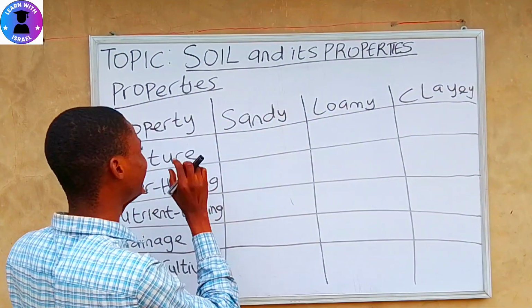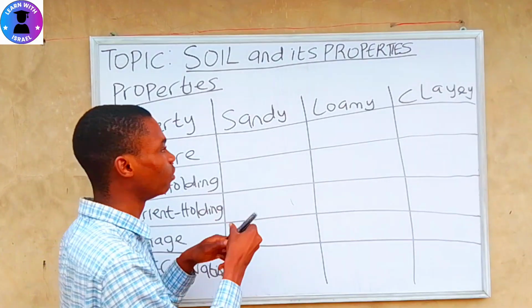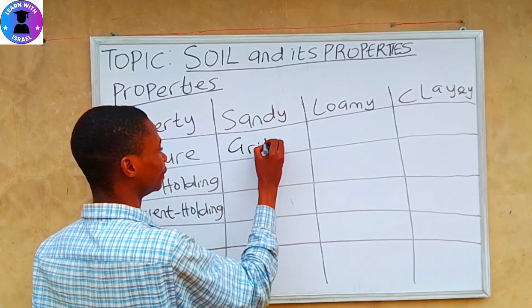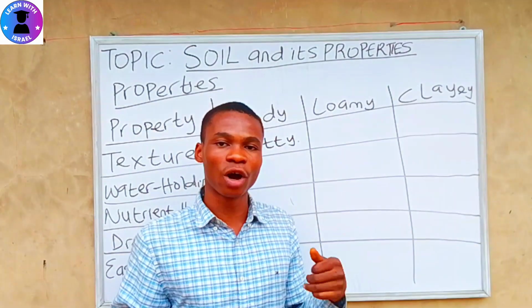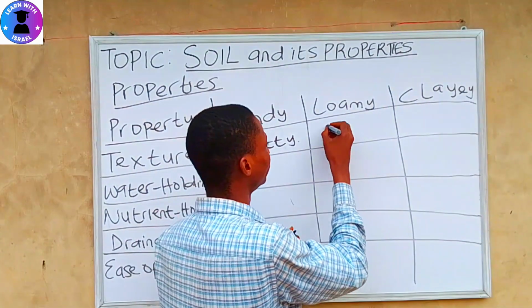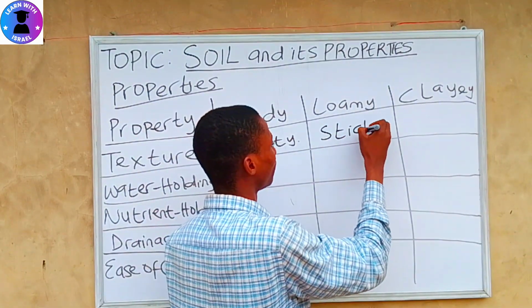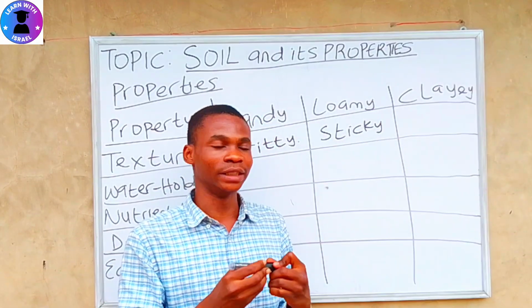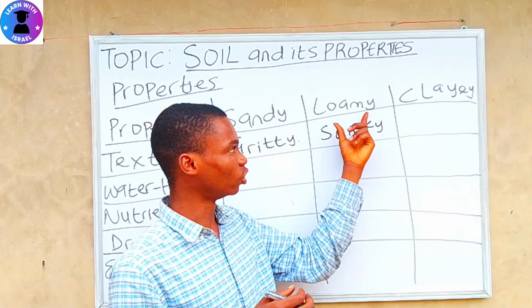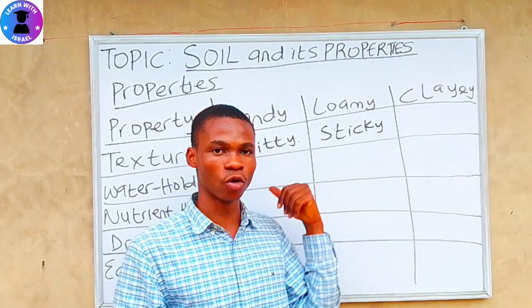For sandy soil, the texture is always gritty. For loamy soil, the texture is sticky. I said that when writing the note on the definition of loamy soil.